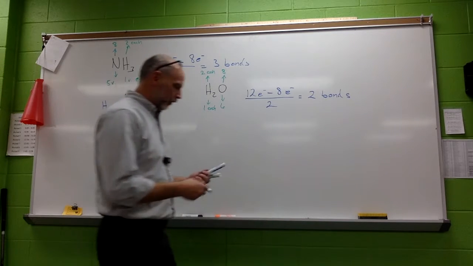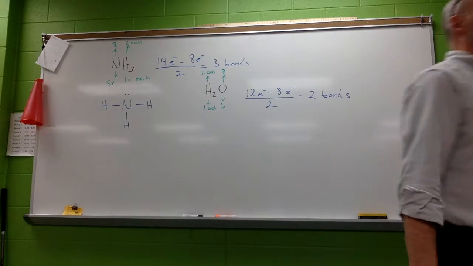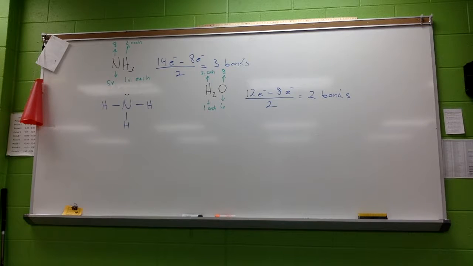Okay? So anyway, with that being said, what's our central atom going to be? Hydrogen? I did not say that, but I'm going to let you use your brain. How many times can hydrogen bond? Once. That's it.